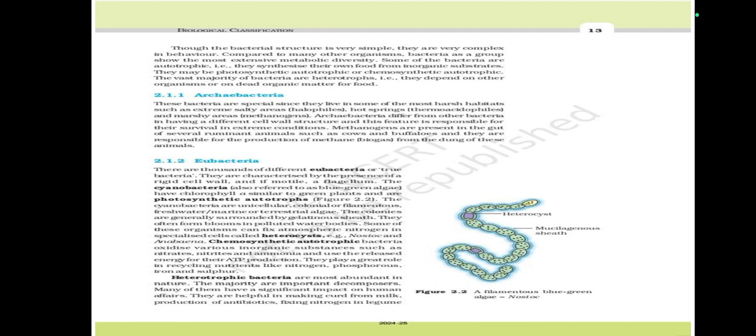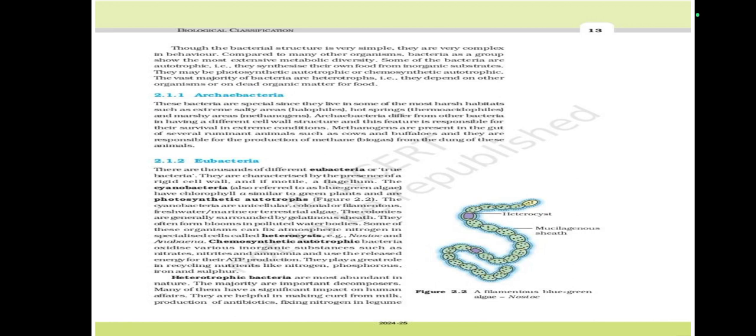Eubacteria. There are thousands of different eubacteria or true bacteria. They are characterized by the presence of a rigid cell wall and, if motile, a flagellum. The cyanobacteria, also referred to as blue-green algae, have chlorophyll a, similar to green plants, and are photosynthetic autotrophs, which is shown in figure 2.2, a filamentous blue-green alga, Nostoc.